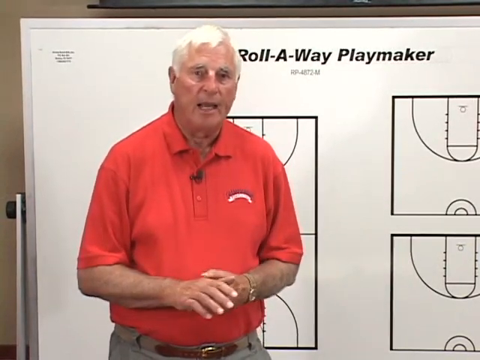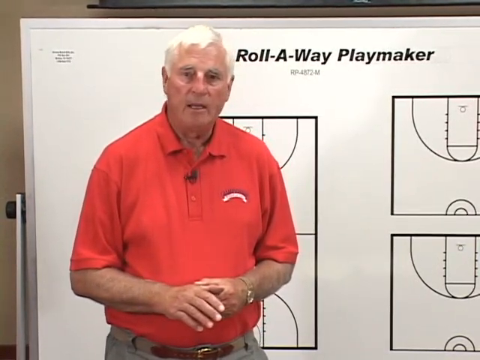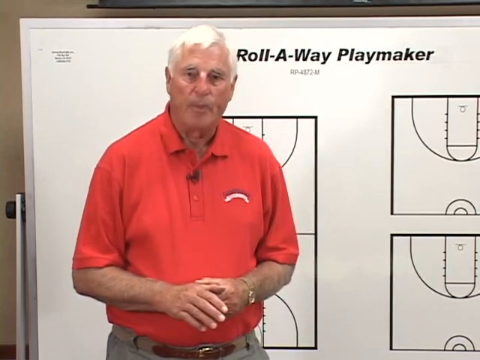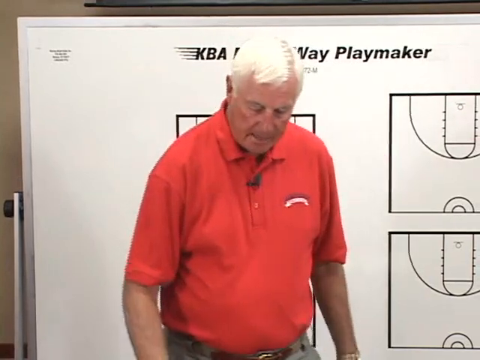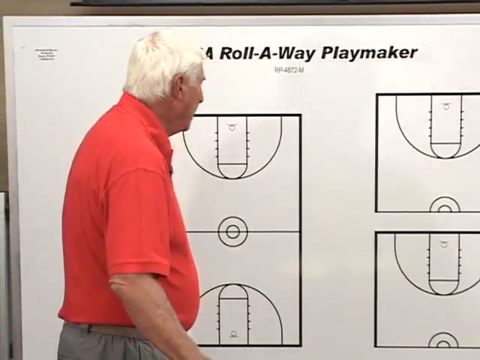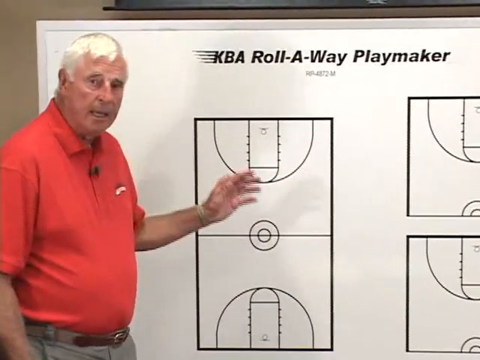So we've spent a lot of time on man-to-man offensive spacing and what all can be done by maintaining spacing. Now we're going to look at offense against the zone.